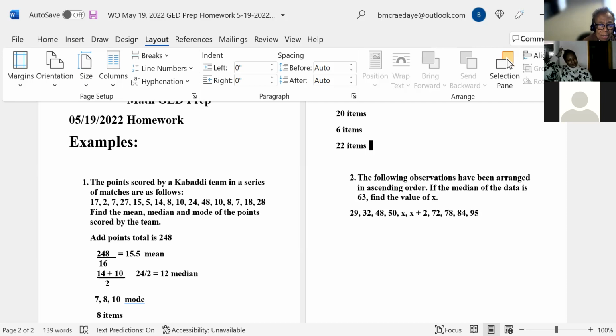What's half of 20? 10. Okay, so 10 in the front, 2 in the middle, 10 at the end. You got it? Yes.